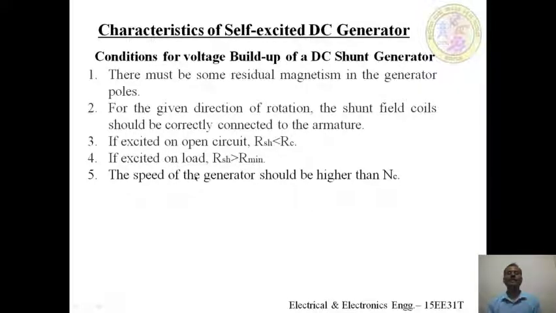If it is excited on load, the shunt field resistance RSH must be more than a certain minimum resistance, which is determined by the internal characteristic of the DC generator. The speed of the generator should be higher than the critical speed to build up the voltage. Then these conditions must be met.